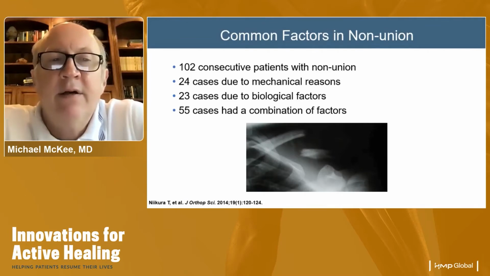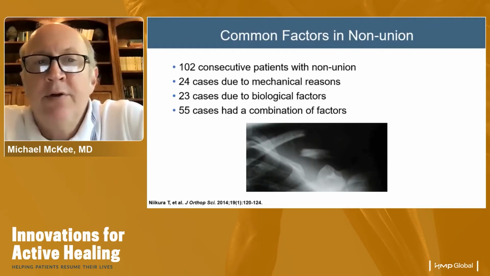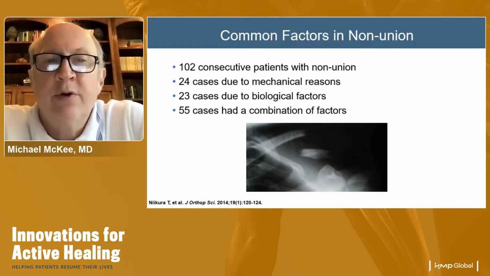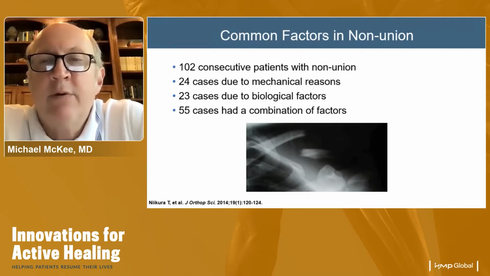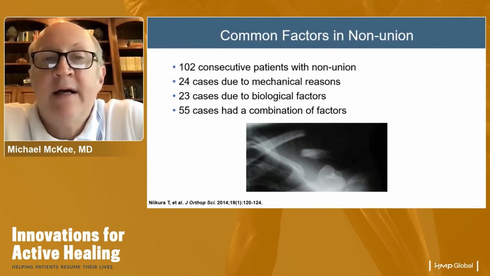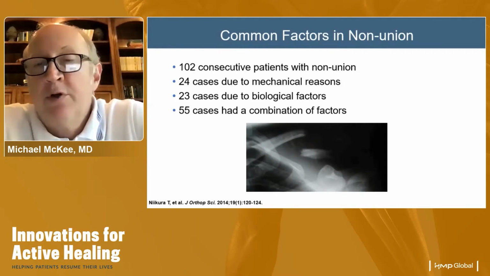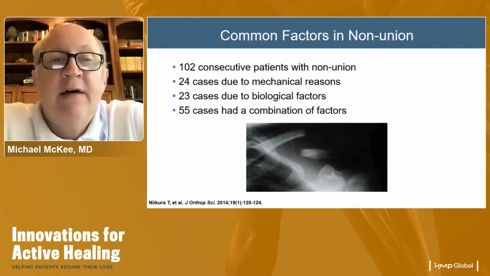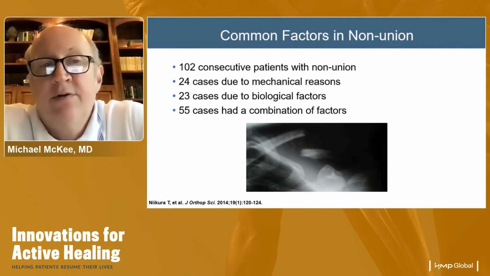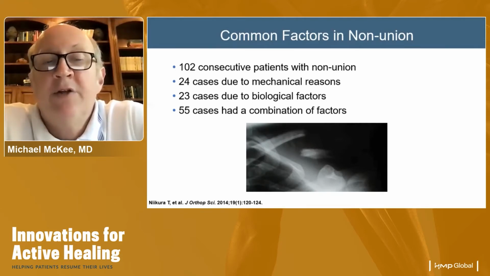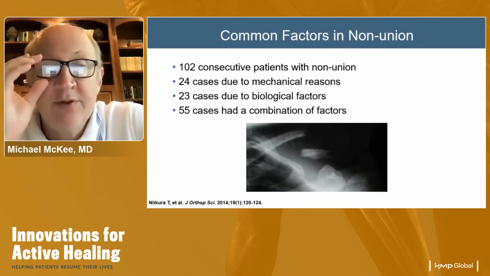They investigated 102 consecutive patients with non-union, and they found that 24 cases were clearly due to mechanical reasons with inadequate fixation or poor surgical technique. 23 cases were due primarily to biological factors, and this is a situation where treatment was appropriate, surgery was appropriate, fixation was reasonable, and yet due to biological factors in the patient, this fortunately progressed to non-union. And 55 cases had a combination of factors, so that both mechanical and biological factors combined to produce a non-union.